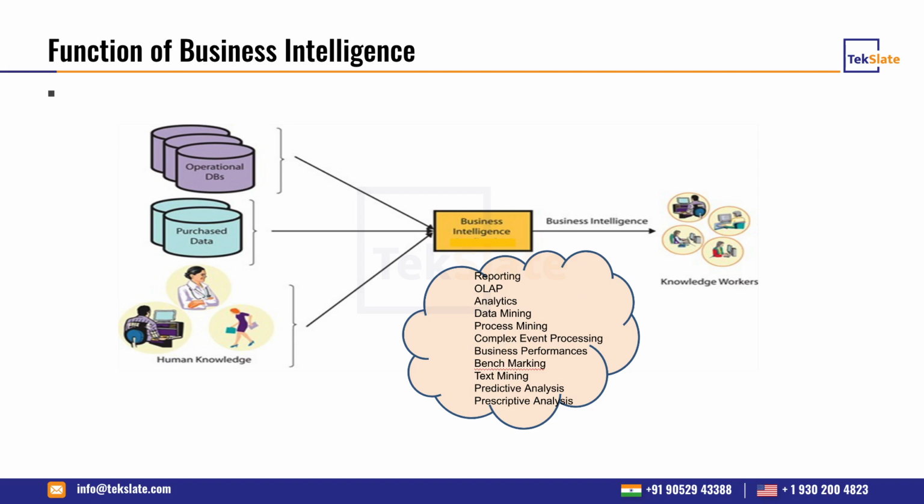They have to take a specific decision, and that decision must be supported by some quantitative and qualitative information. That quantitative and qualitative information is gathered from the different data which is available nowadays. As we know, data is nothing but gold now, or we can say data is nothing but the new oil.